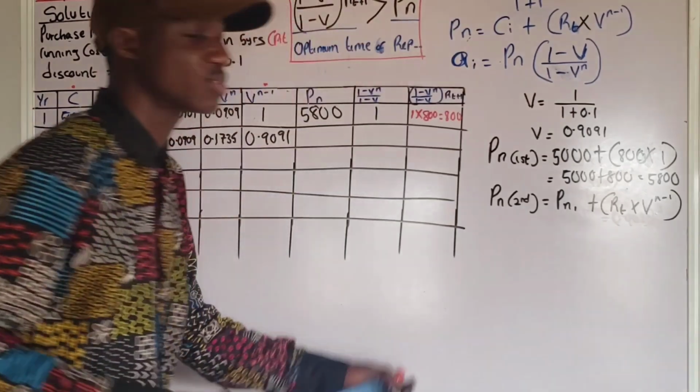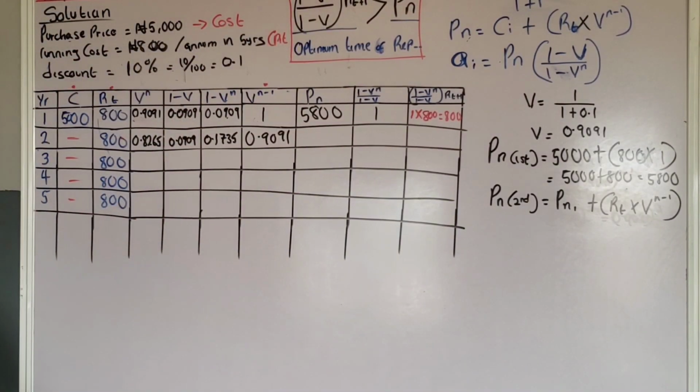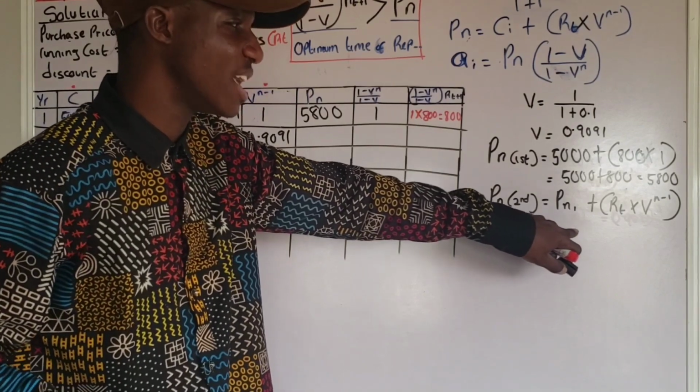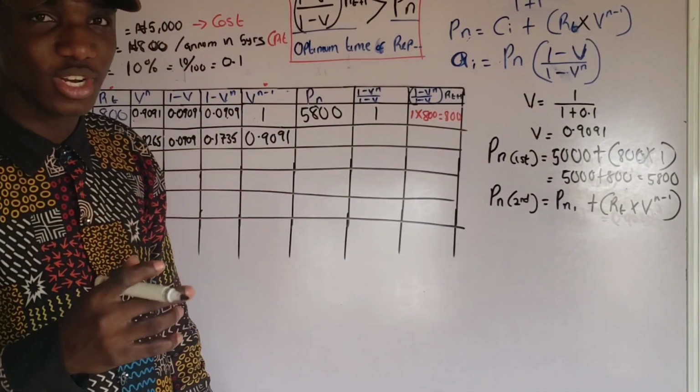This is the formula that we are going to use to determine the present value of the total cost for the second year. Do you understand?